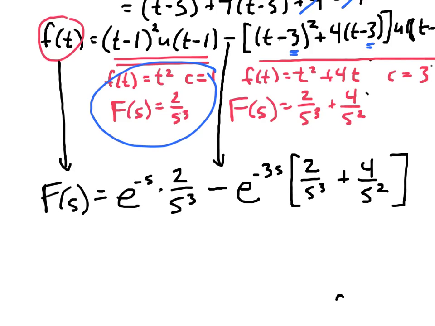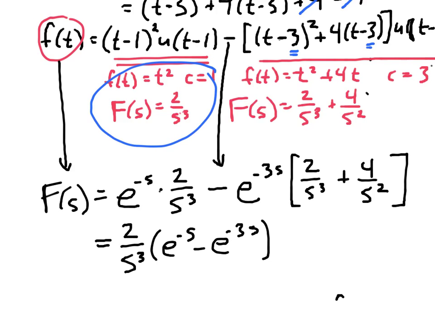And we could do some simplification of that. I don't know that there's any point to that necessarily. You can see we have a 2 over s cubed, so we could write 2 over s cubed times the quantity e to the minus s minus e to the minus 3s.